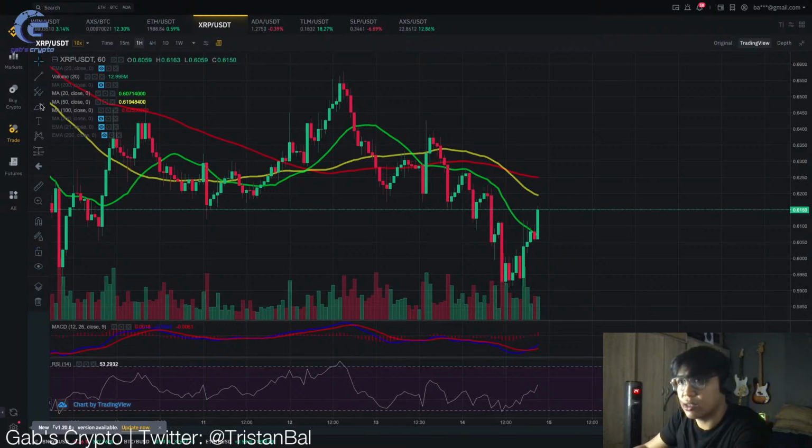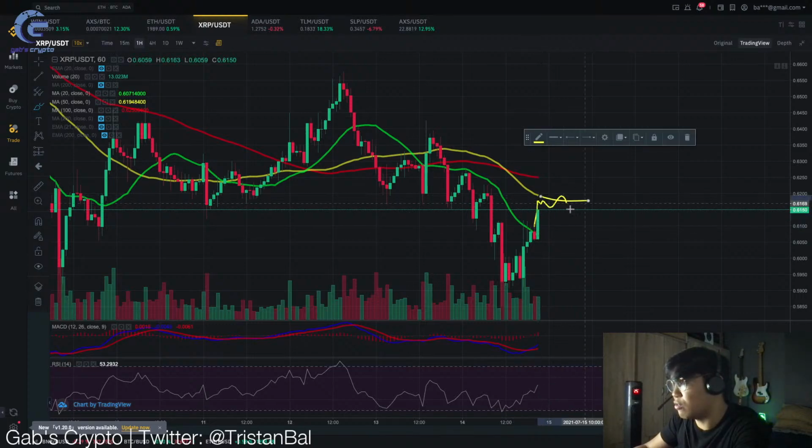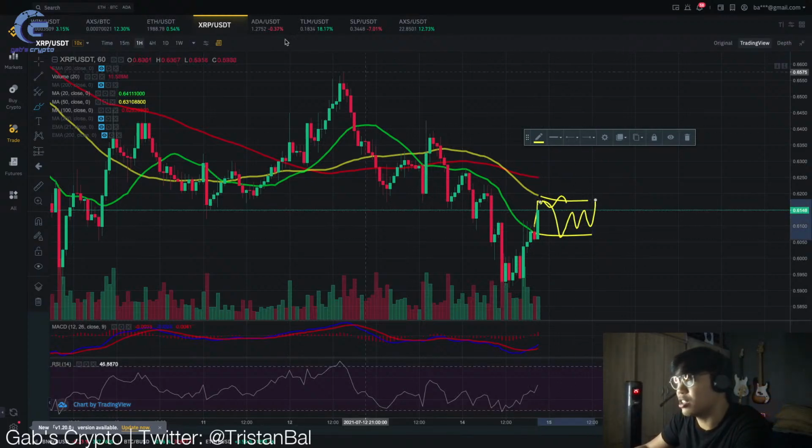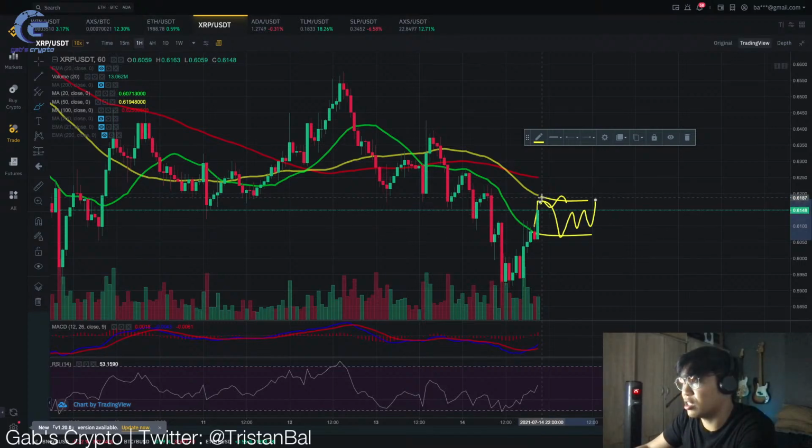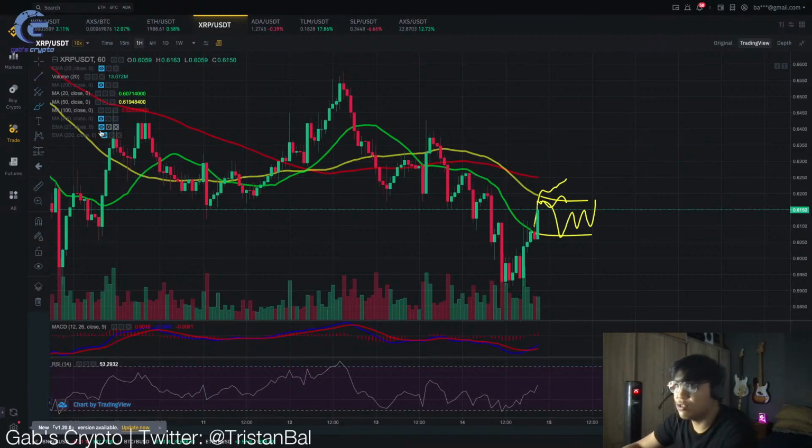So, ngayon nag-breakout tayo ngayon kay 20 moving average. So, kailangan ngayon is ma-break yung 50 moving average resistance. At kung di natin siya na-break, mag-play tayo around this area. So, of course, dependent siya kay Bitcoin. So, if Bitcoin breaks the 50 moving average, this would more likely break this one too. So, for the short term, kailangan nyo sundan itong 20, 50, and 100 moving average for the short term kay XRP.